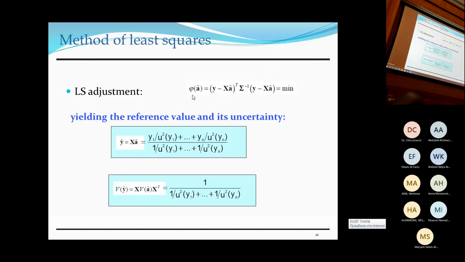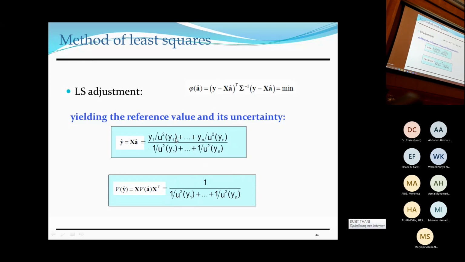The result will be that the reference value and its uncertainty are given by these expressions here. So this would be the weighted average, and this would be the variance of the weighted average.